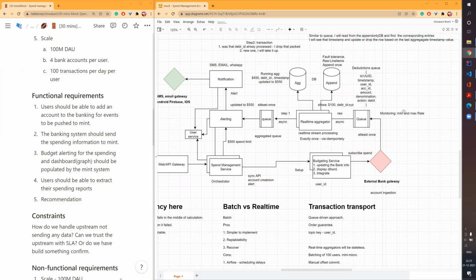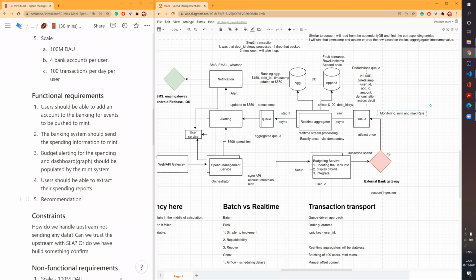So this could answer that specific question: what if the upstream is not sending any event, right? And we could have some sort of predictive model, based on the last week's statistics, it should lie somewhere there, like a min max range, something like that.